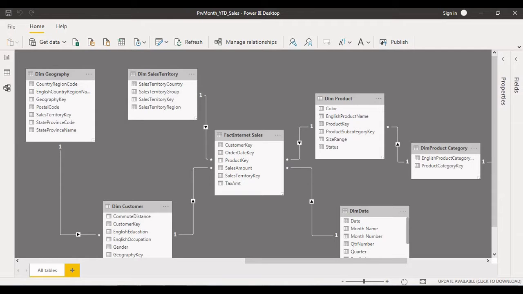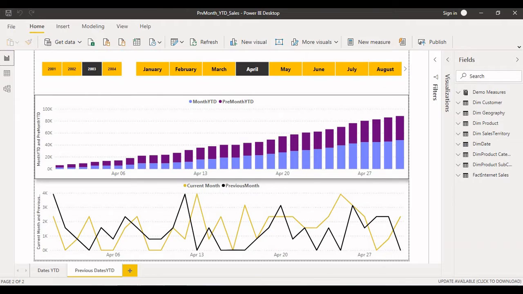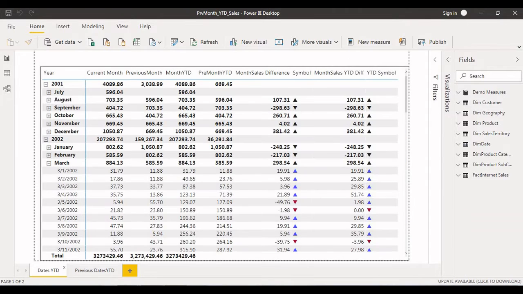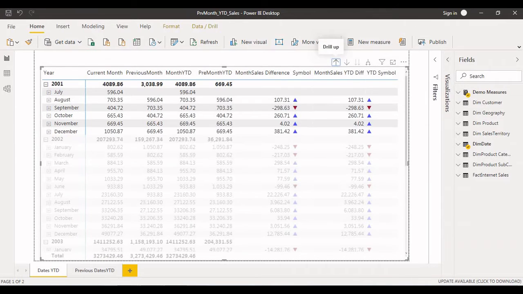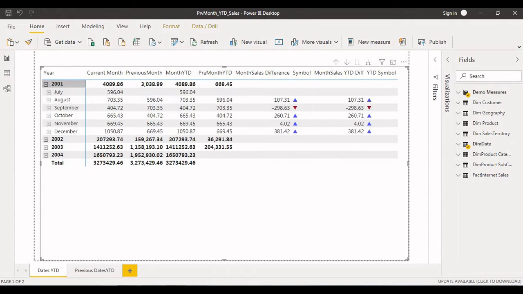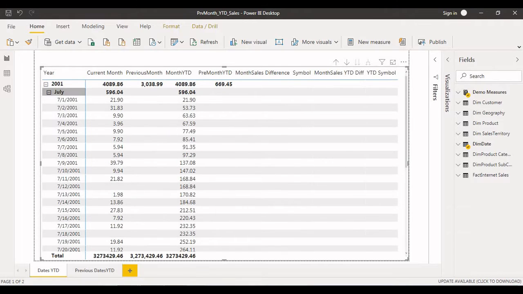Now we'll go to the report tab. We have two pages, so first I'll go to this page. Here we have a matrix with three levels: year level, month level, and day level.